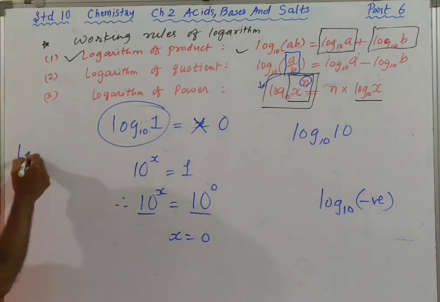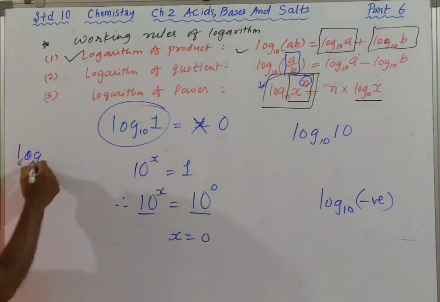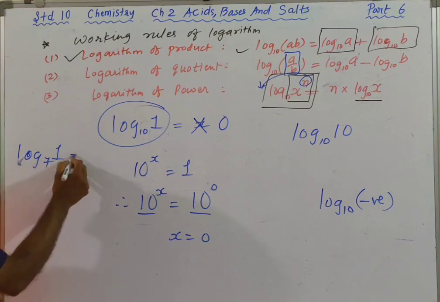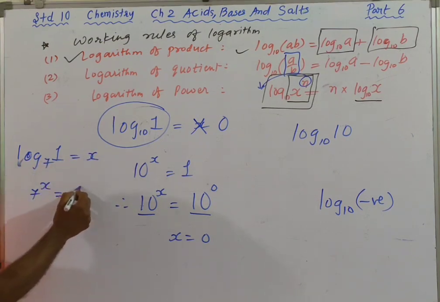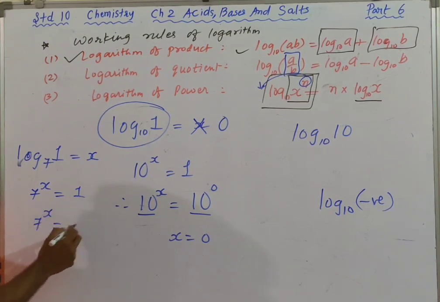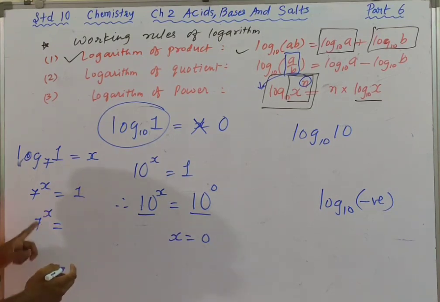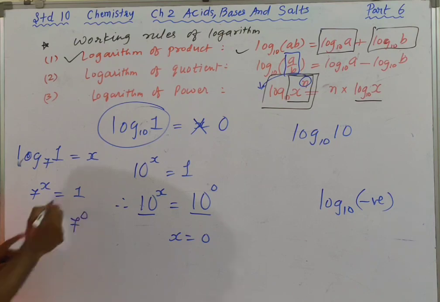You can take another one. Logarithm of 1 to the base 7 is equal to x. So 7 raised to x is equal to 1, and 1 is anything raised to 0. For comparison I take 7 raised to 0.